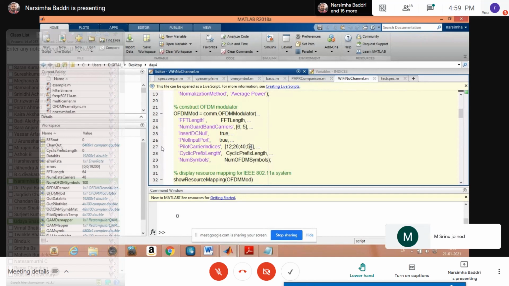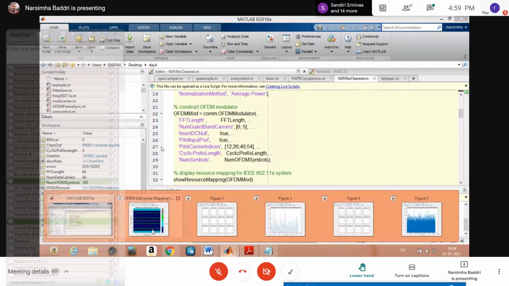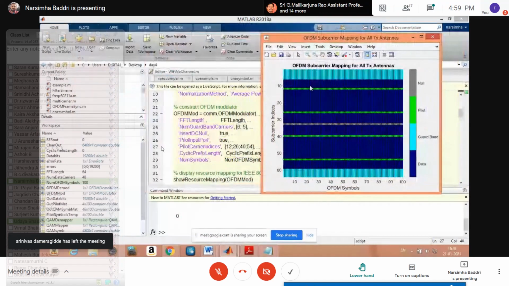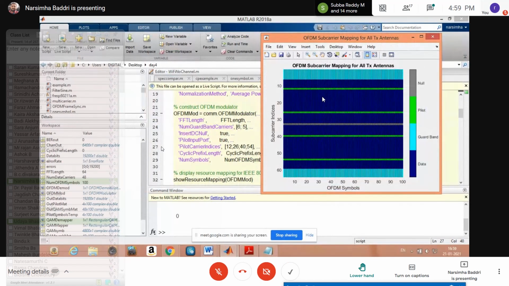This is the pilot arrangement. Only 4 pilots are there, at the 12th subcarrier location, 26, 40, and 54. At these locations, the pilots will be inserted. If you see the resource grid for this, we'll give the complete information about that.